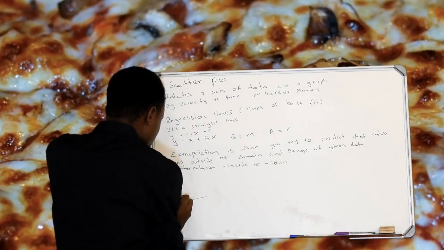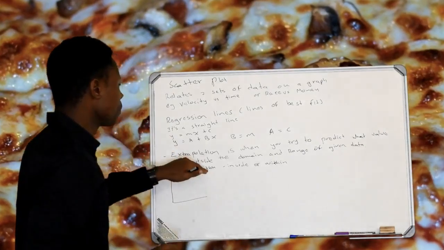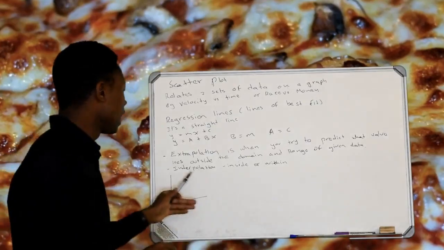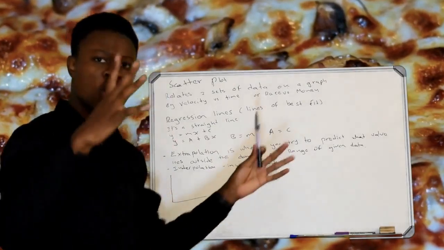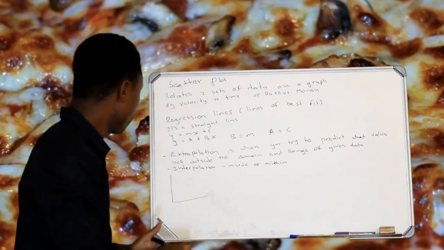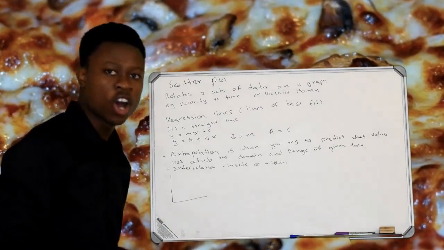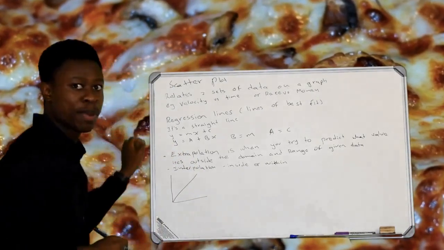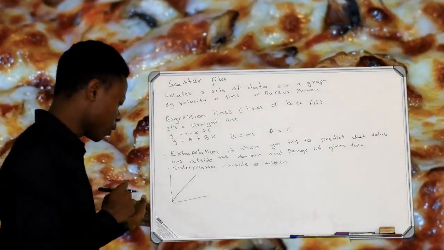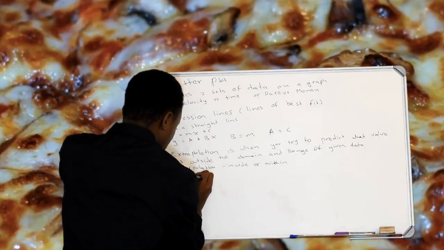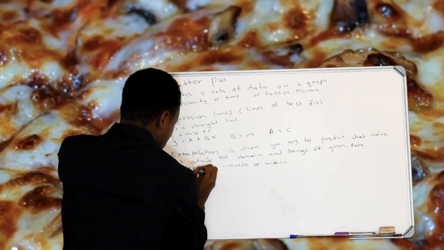So your interpolation, right? Let's ask, do your points lie within the data that you are given, right? So if we have, let's say, data that looks like this, this is my regression line, that's my line of best fit. Let's say, for example, these are my points here. I have a point there, there, there, one there, one there, right?